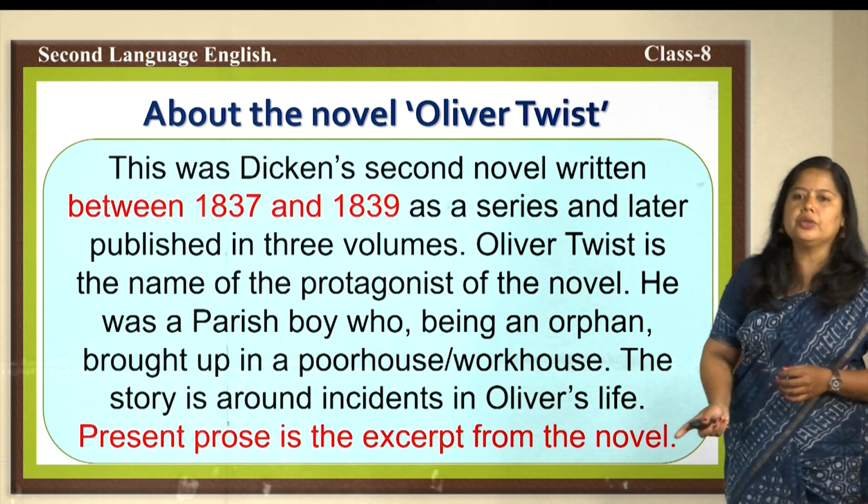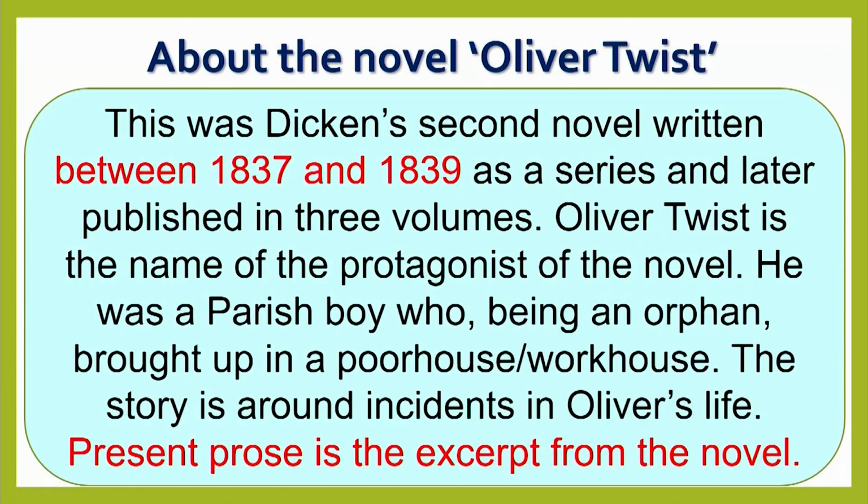Now, coming to the text. This was Dickens' second novel written between 1837 and 1839 as a series and later published in 3 volumes. Oliver Twist is the name of the protagonist of the novel. He was a parish boy who, being an orphan, was brought up in a poor house, that is a workhouse.